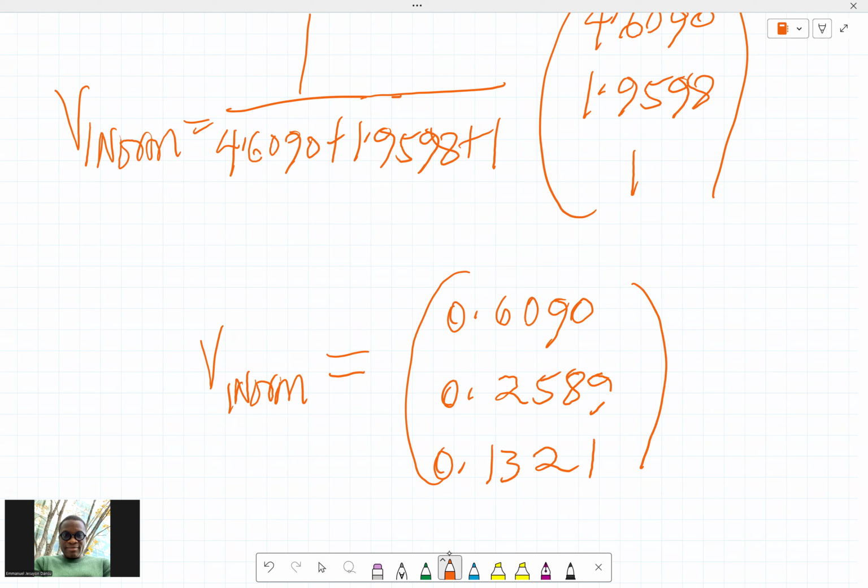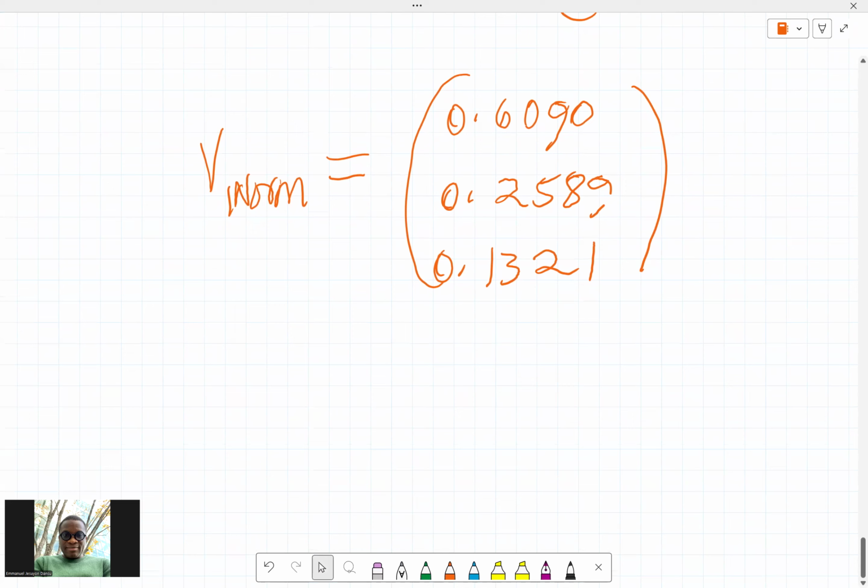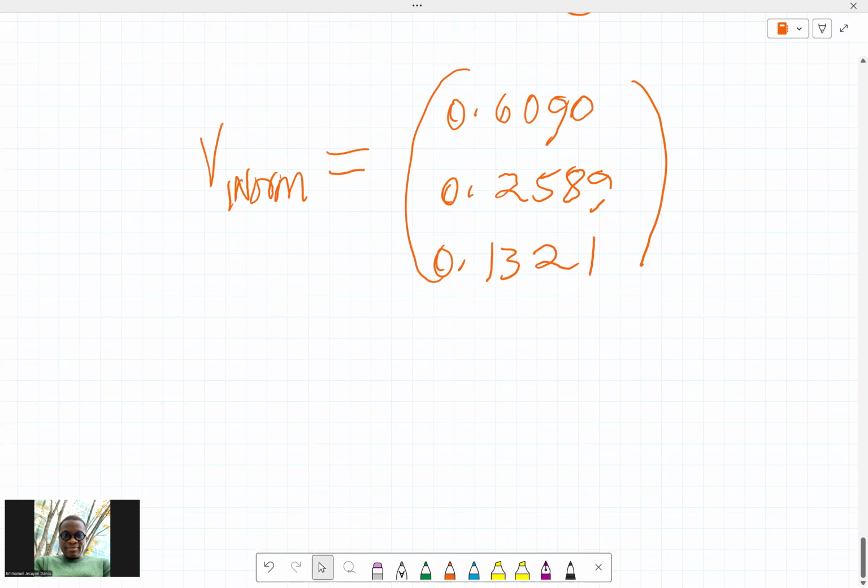Okay, we have all this. So that's the normalized thing. So this now helps us to talk about how the population is going to grow afterwards. Now that we have normalized the eigenvector, we can begin to make comments about the fate of the population afterwards.